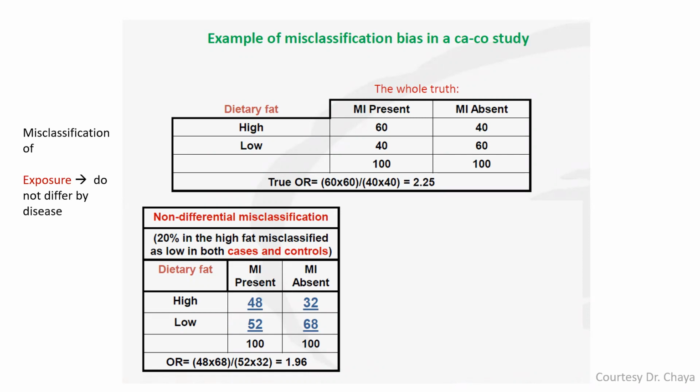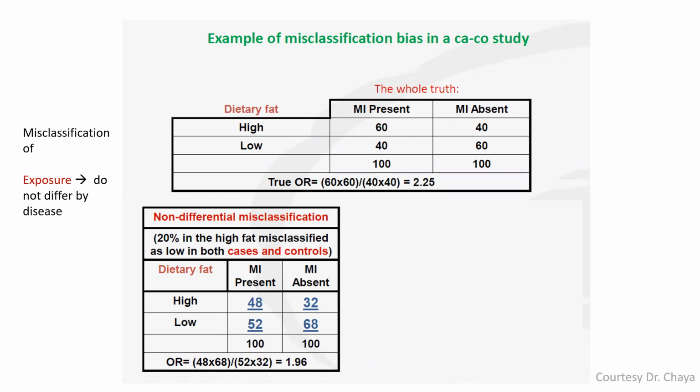I'm going to talk about it anyway, because it is still critical: non-differential misclassification is not always toward the null. But before, some researchers would say that it's not as critical as differential misclassification because your odds ratio would be toward the null. So it's not as dangerous as basically overestimating the odds ratio.